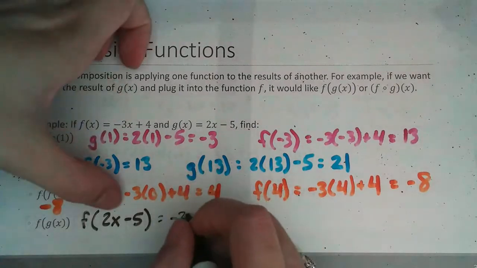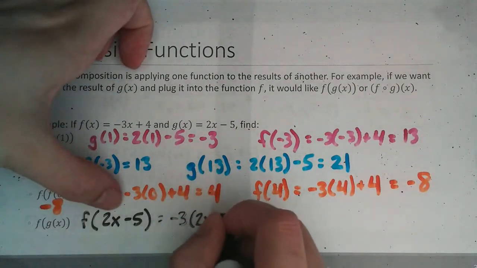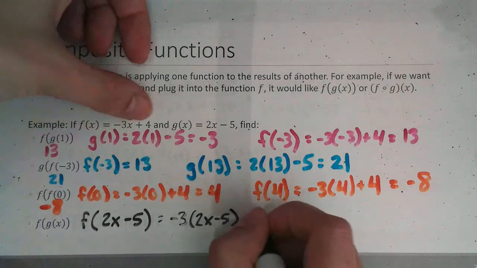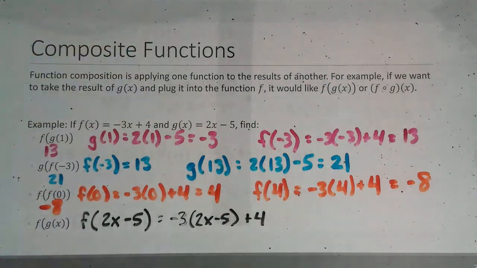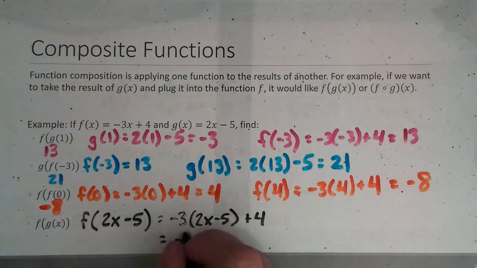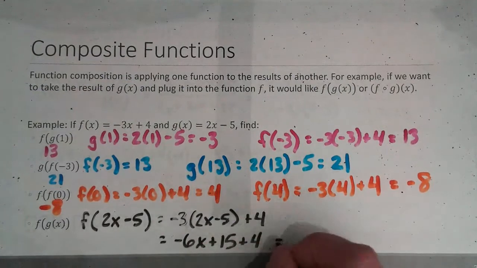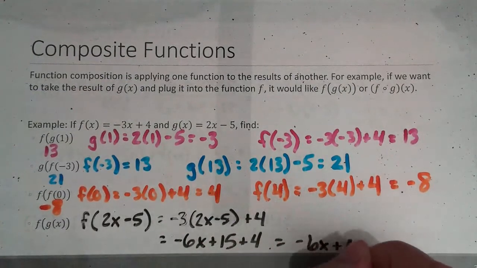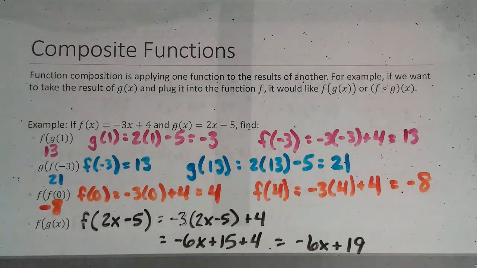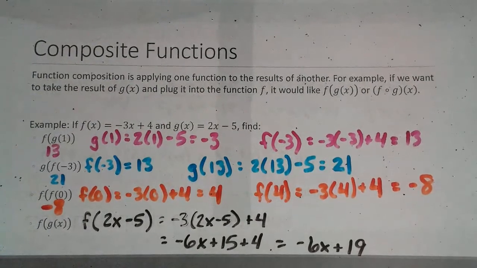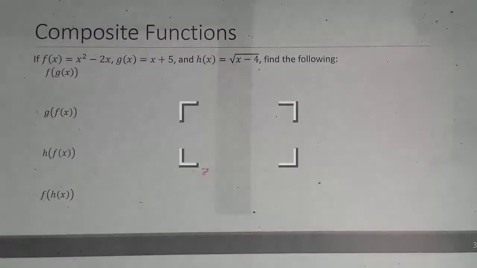Then I see an x, I'm going to replace it with 2x minus 5 in parentheses, plus 4. And then I'm just going to simplify that. So I have a negative 6x plus 15 plus 4, which is negative 6x plus 19. So it's just like plugging in a number, we're just plugging in an expression instead. We're going to keep working on these because these ones are a little bit more difficult.